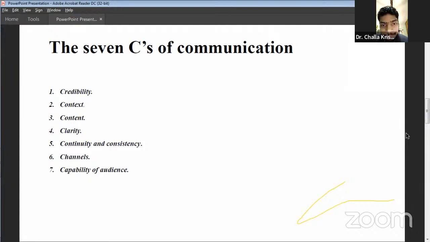And then clarity. So after content comes clarity. The message has to be clear; it should be easily understandable. So clarity is very important. Apart from brevity, clarity is also important. Brevity means brief. The message has to be brief because nowadays, people don't have time to read 400 to 500 pages.